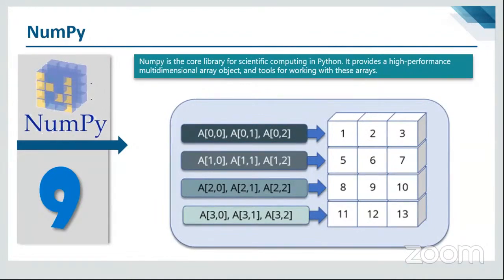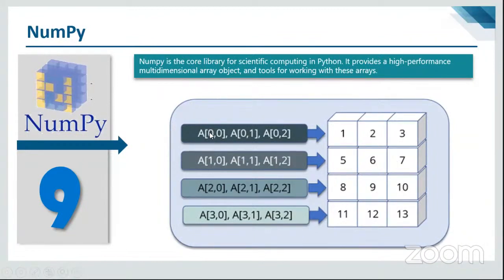So if you see this matrix, internally it is stored with an index. So if you see A of 0 comma 0, this is the 0 index, 1 index, 2 index, and 0th index, 1 index, 2 index, 3 index.